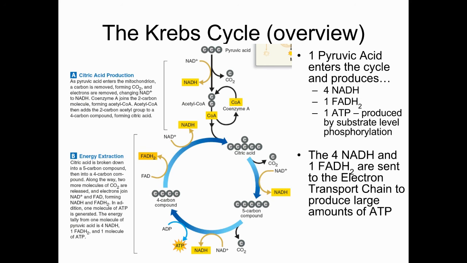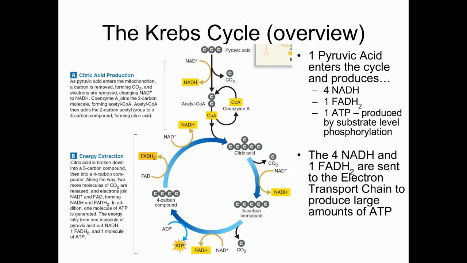So really what we do is, it's kind of hard to see, but we take that 3-carbon molecule and we rip some electrons off to reduce NAD plus to NADH. One of the carbons leaves, which makes sense. What do we breathe out? We take in oxygen to power this, but the byproduct is carbon dioxide. So here's one of the carbon dioxide molecules that's being breathed out. And when that happens, I no longer have a 3-carbon molecule. I have a 2-carbon molecule, which is known as an acetyl group.